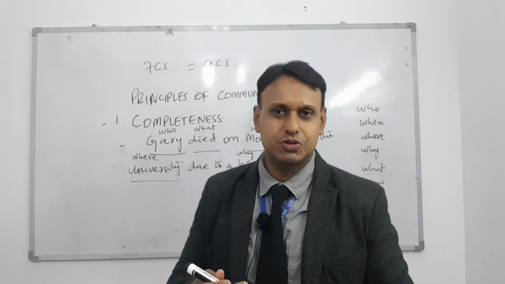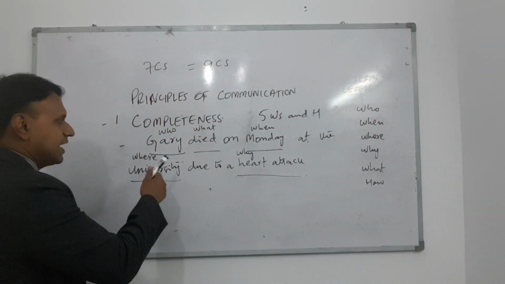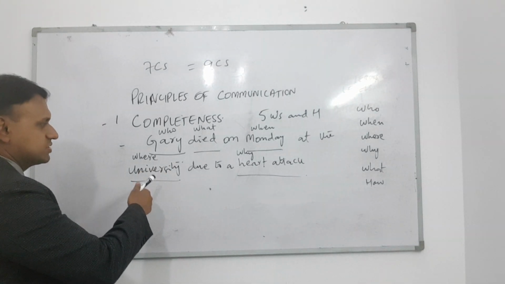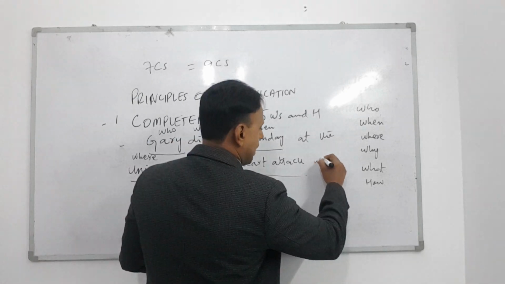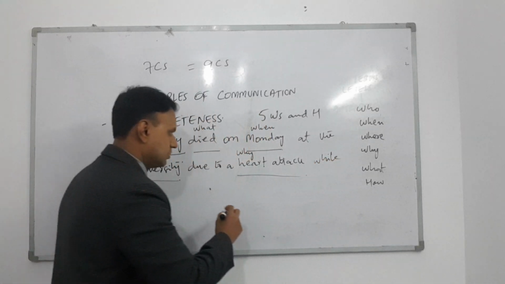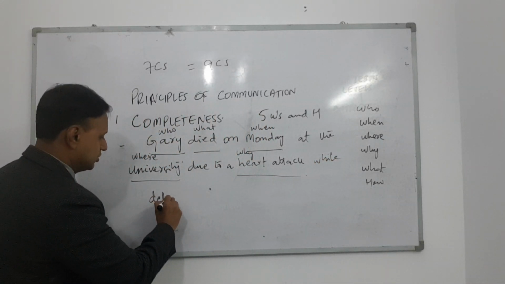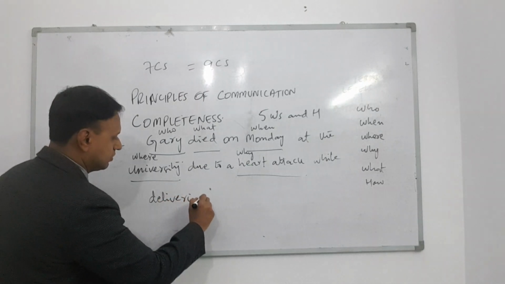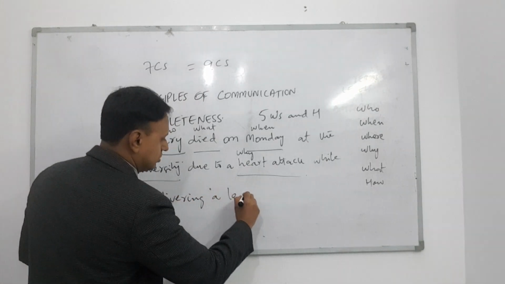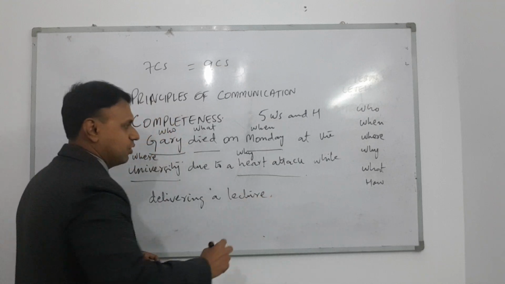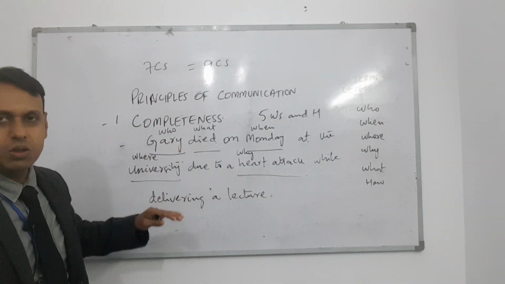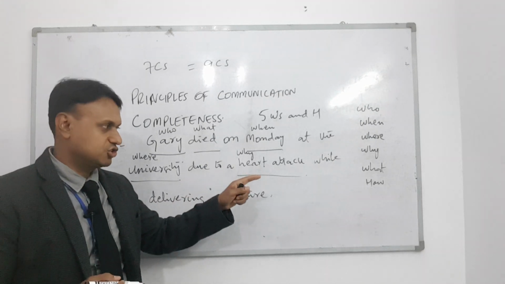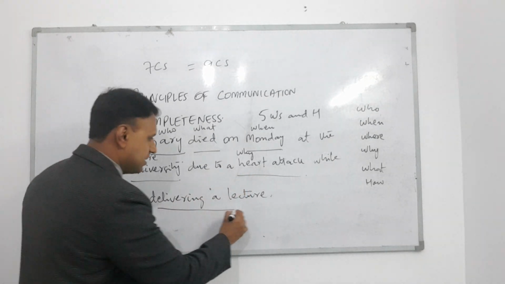So let's try and put here: Gary died on Monday at the university due to a heart attack while delivering a lecture. Now, if you look at the entire sentence, it has got all the elements, 5 W's and H. So H, how did he die?